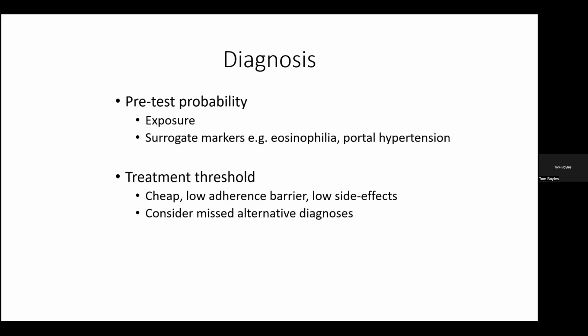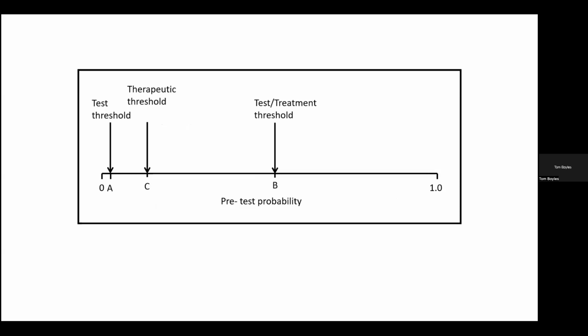But you also don't want the treatment threshold to be too low, because if you treat every single person as schistosomiasis with low probability, you're going to miss alternative diagnoses. Particularly in adults, there could be very important causes of hematuria, for example, that you have missed. So this is roughly what it might look like. This is the therapeutic threshold, and I'm suggesting for schistosomiasis it's very low, probably around 5% would be enough.